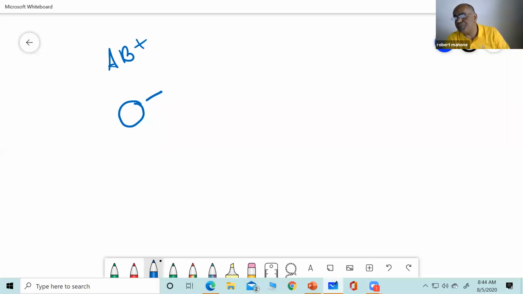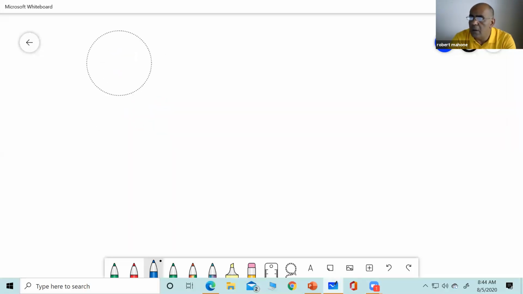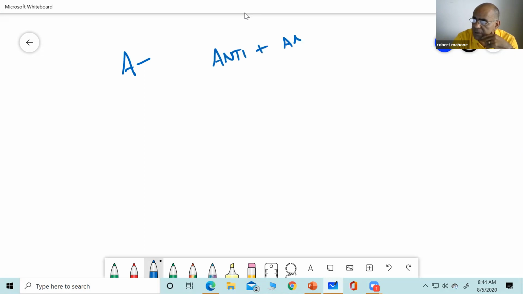Okay, now, anybody who is, for example, A negative, there's a chance that they'll have anti-positive antibodies. So you cannot put positive blood into a negative person.